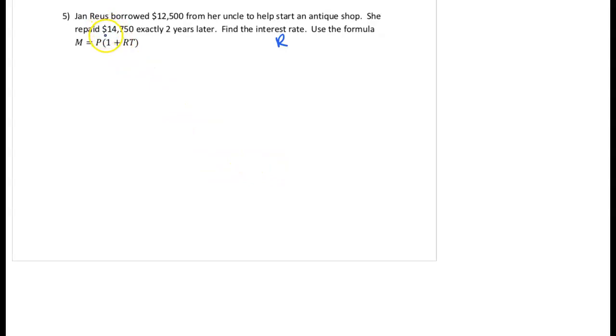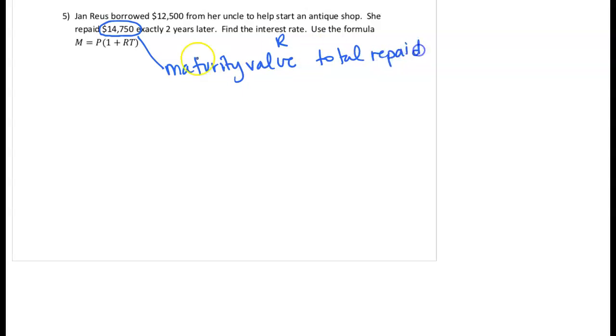If you're repaying $14,750, that's actually the principal plus the interest combined, which is called the maturity value. So that's the total repaid. So that's going to go here for the M variable.